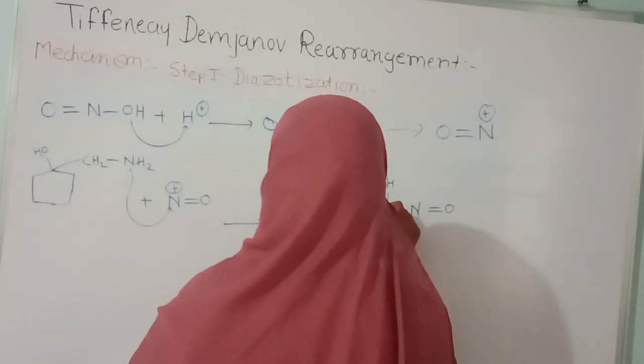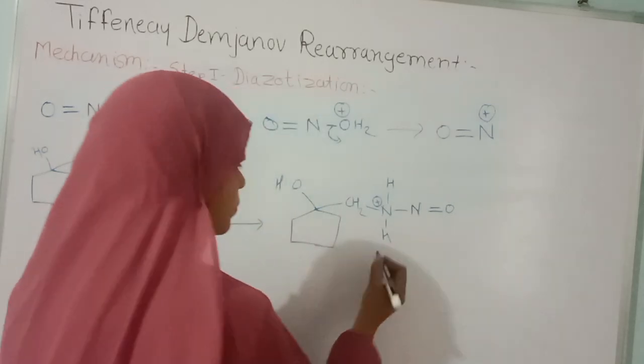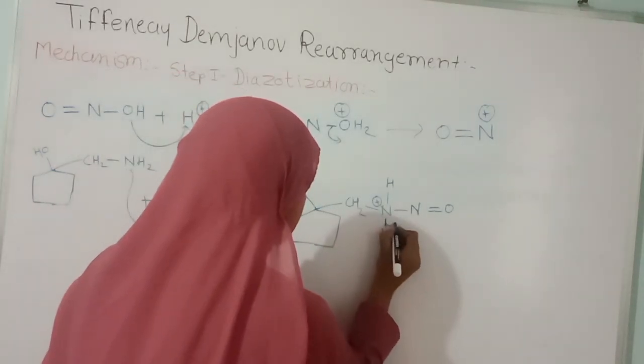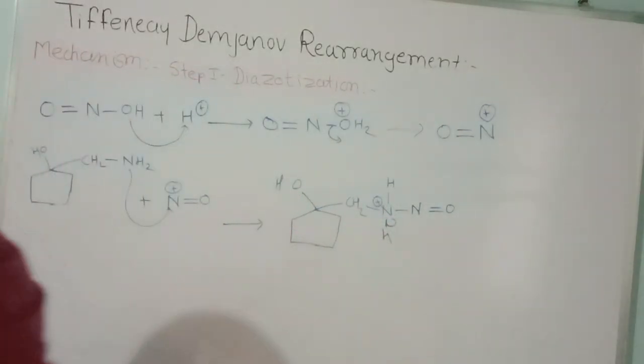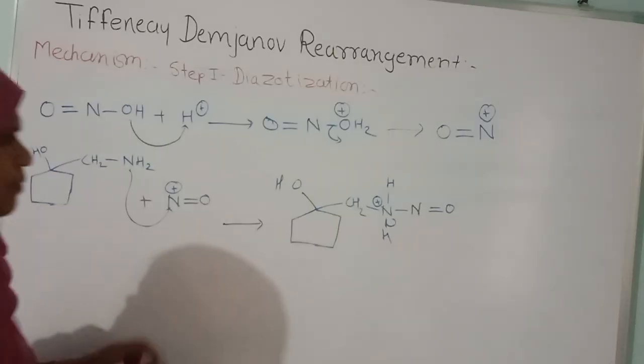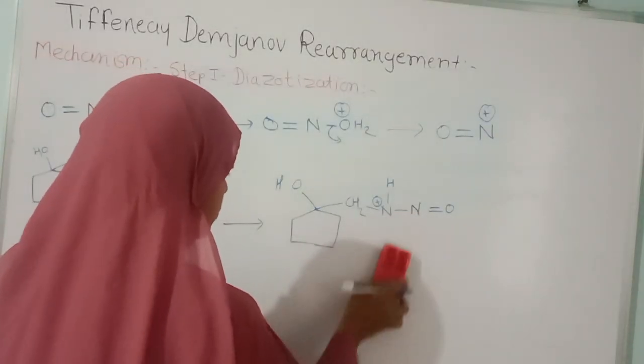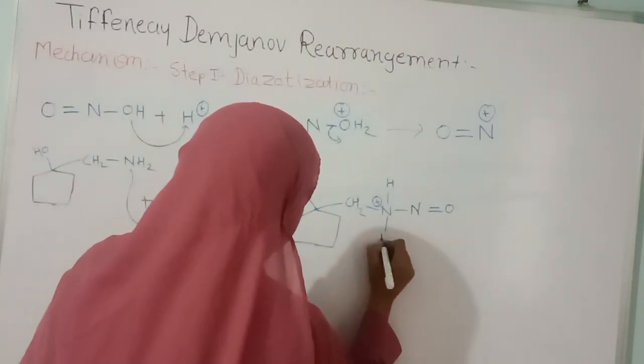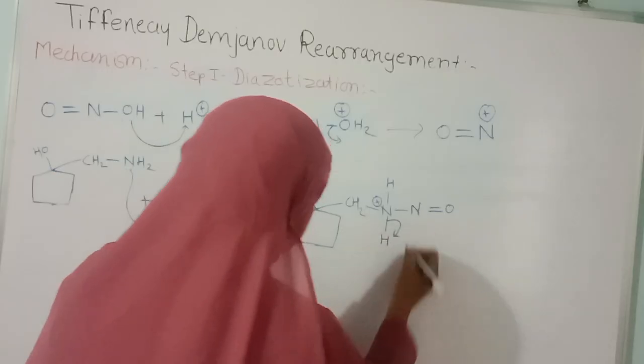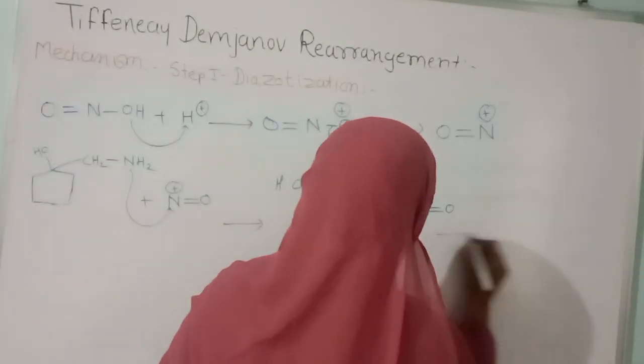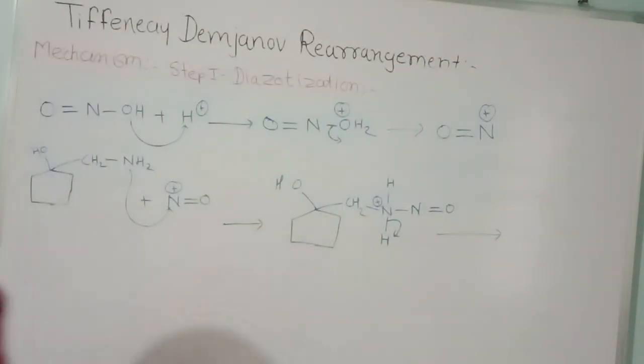So this nitrogen atom carries a positive charge. It is neutralized by the departure of one hydrogen atom. After the departure of one hydrogen atom, what will be the next step?